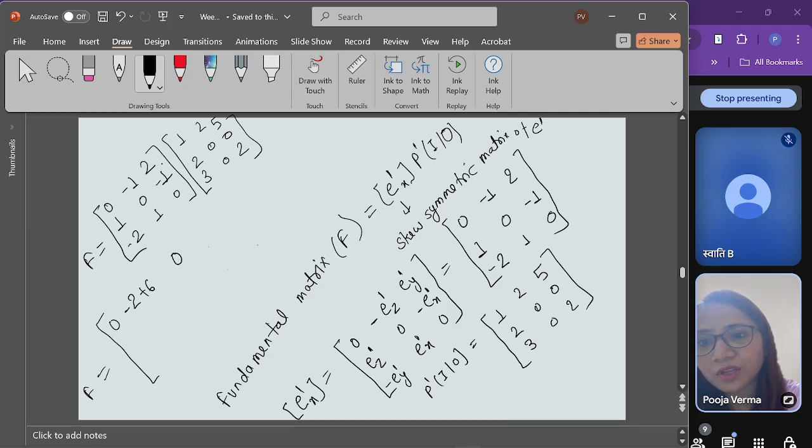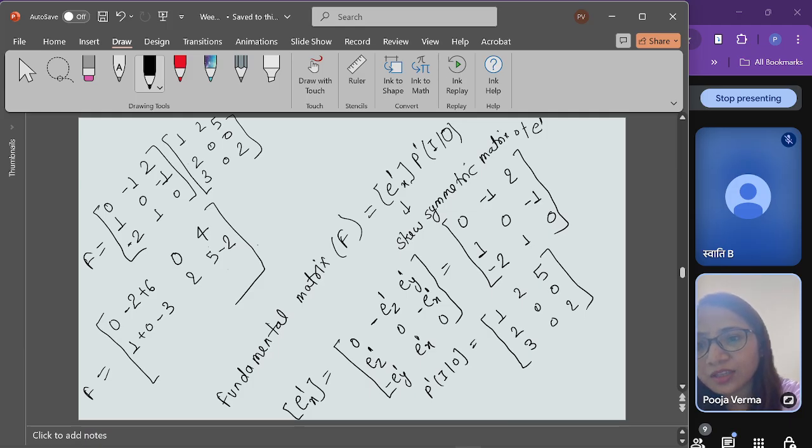For the next one, 0 into 5 is 0, minus 1 into 0 is 0, then 2 into 2, so you will get 4. Similarly for this one, you will get 1 plus 0, then minus 3, right? For the next, you will get 0, 0, because these two are 0. Now for the next one, you will get 5 into 0 minus 2, right?